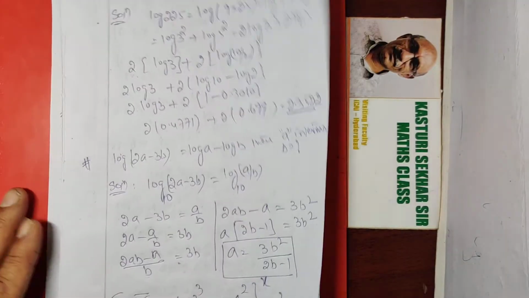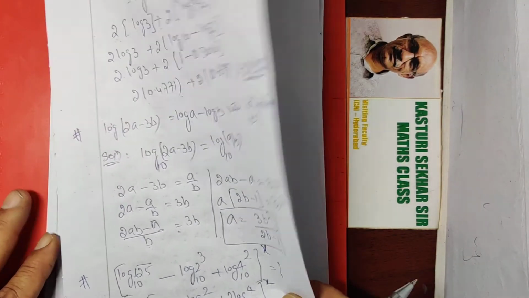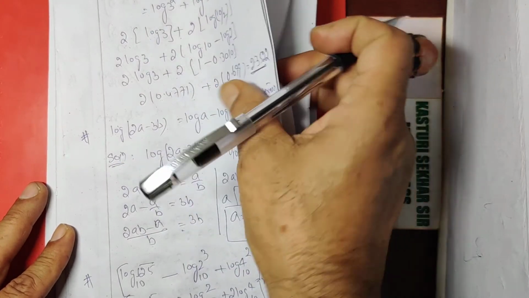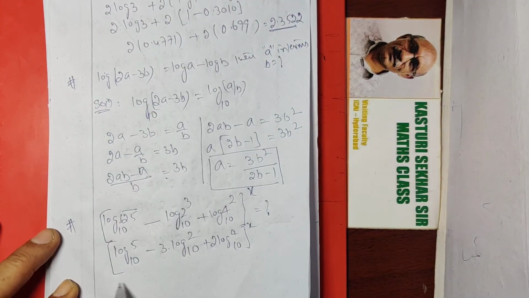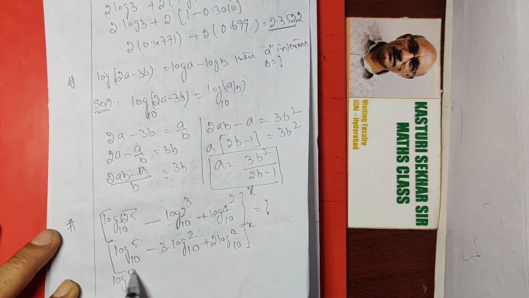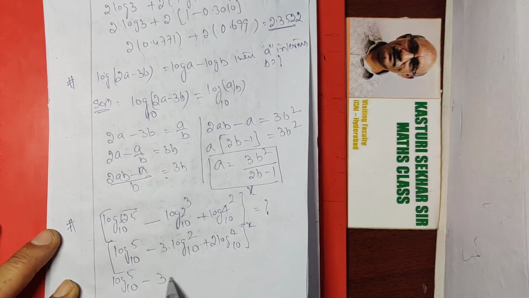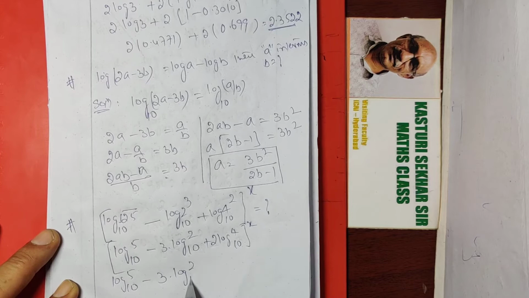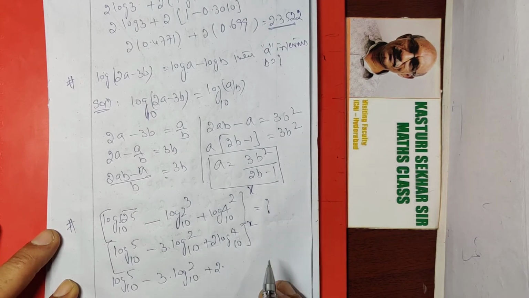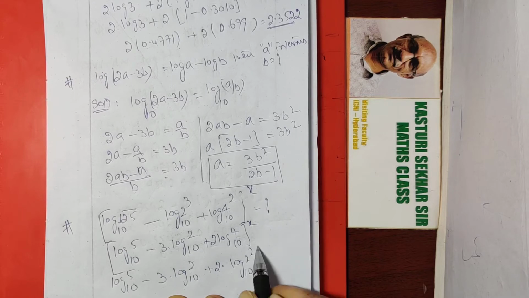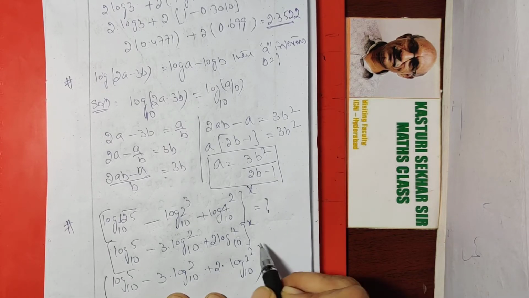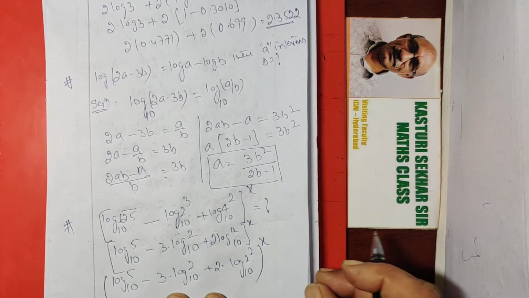Now this can be written again as log 5 to the base 10 minus 3 into log 2 to the base 10. 2 into log 4 can be written as log 2 square to the base 10, whole to the power of x.